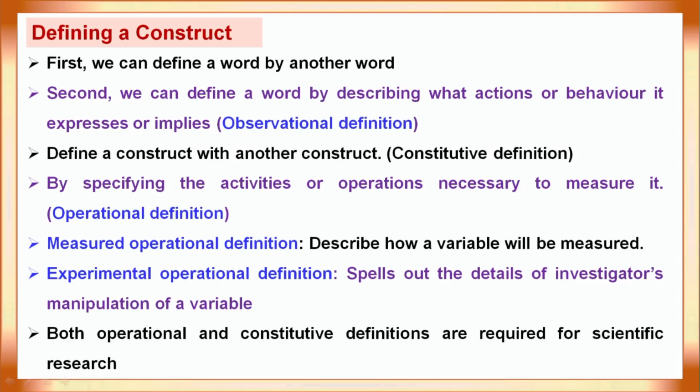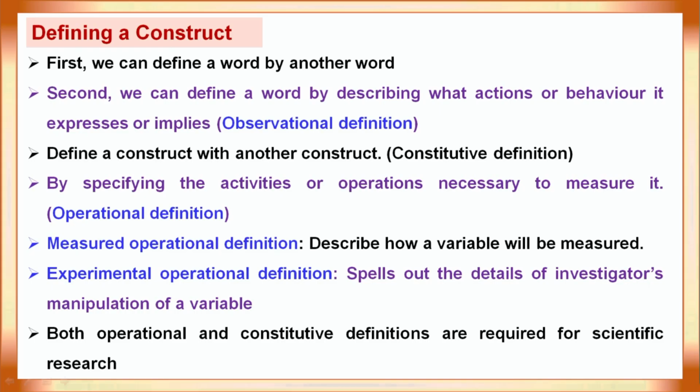In a similar way, a construct can be defined by another construct. We call this a constitutive definition, or it can be defined by specifying the activities or operations necessary to measure it. We call it an operational definition.